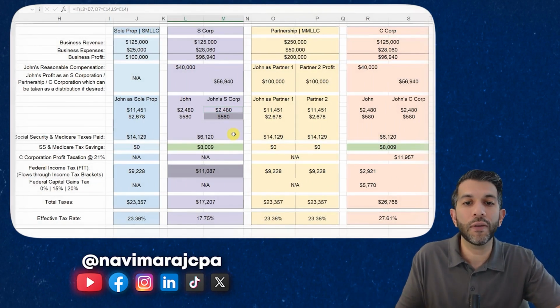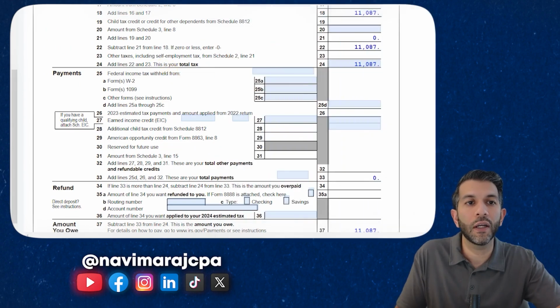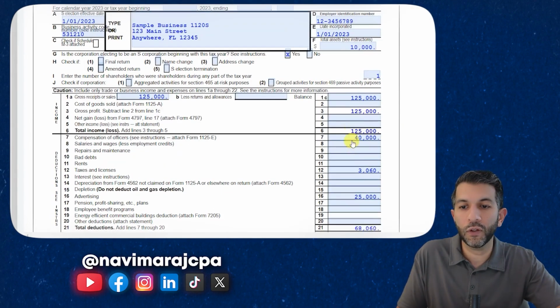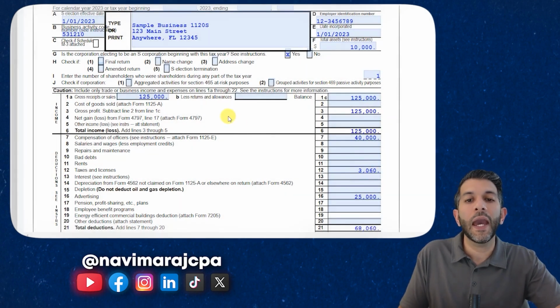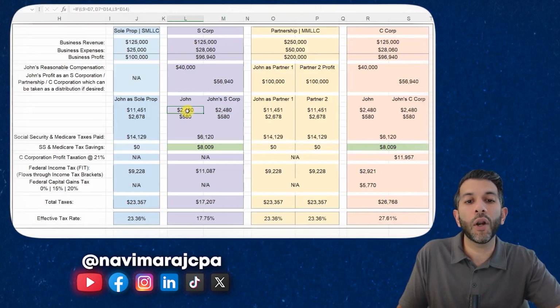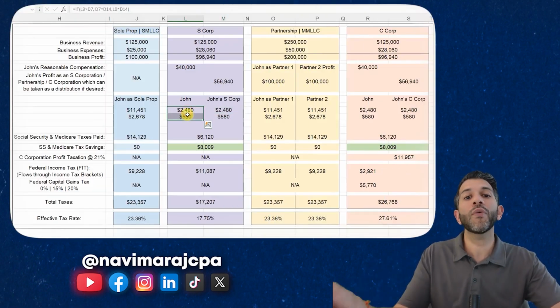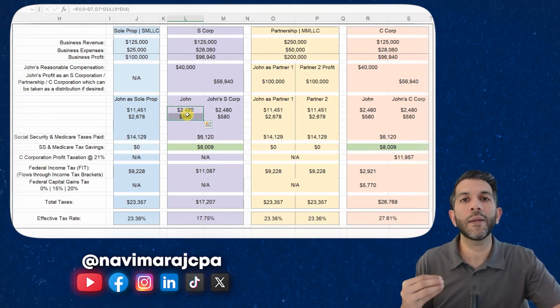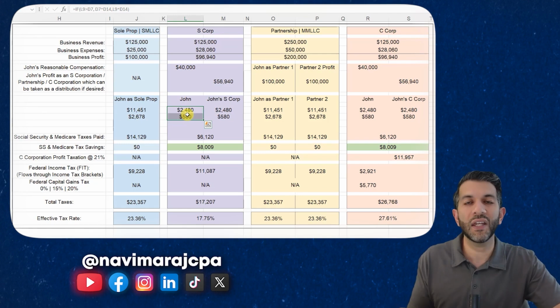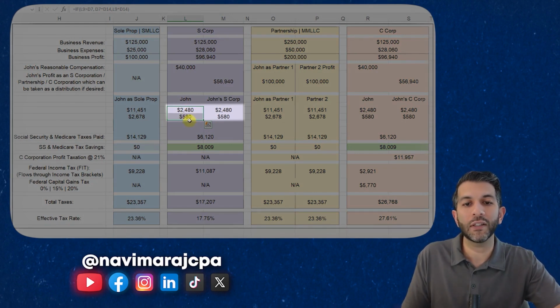Let me just quickly show you that because I don't want you to get confused, all right? So on the S Corp tax return, we have the $3,060 there. That was tax that you paid. And then we also have another tax that you can't really see here, but on your W-2, when you were receiving that $40,000 of reasonable compensation, Social Security and Medicare taxes were automatically being taken out of your paycheck at a rate of 7.65%, and that total was $3,060.